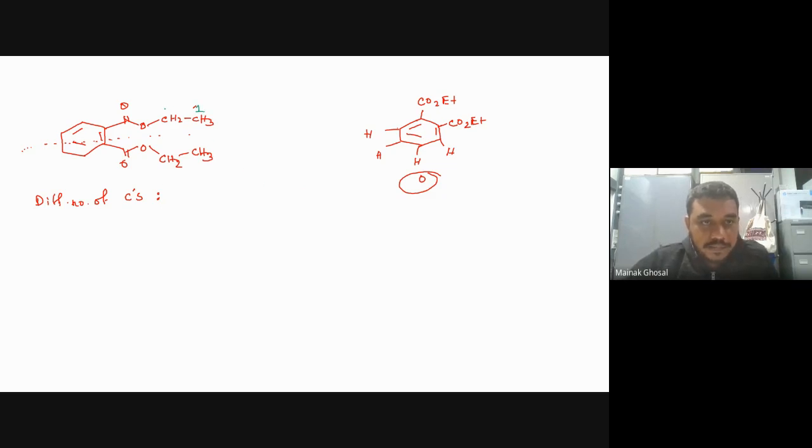So this is 1, this is 2, this carbon is 3, this is 4, this is 5, and this is 6. And this side is also equivalent, so I don't need to count that. So you have 6 carbons over here, for which you need to identify the positions of the peaks.